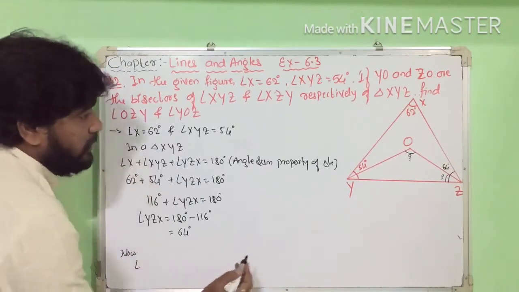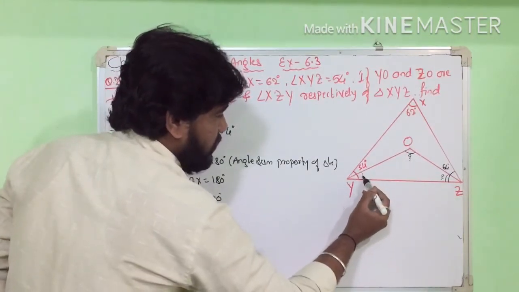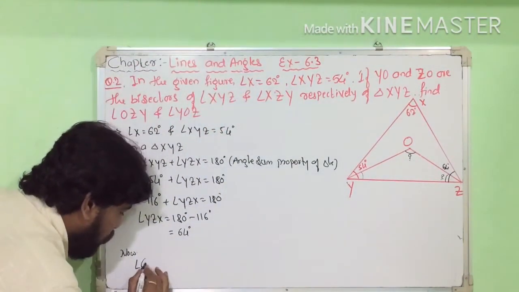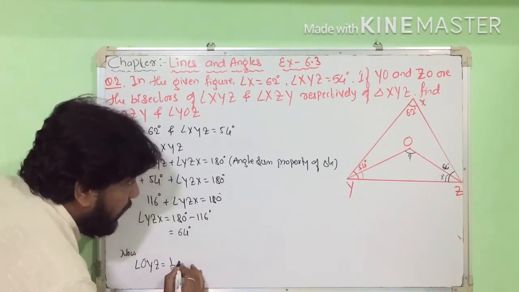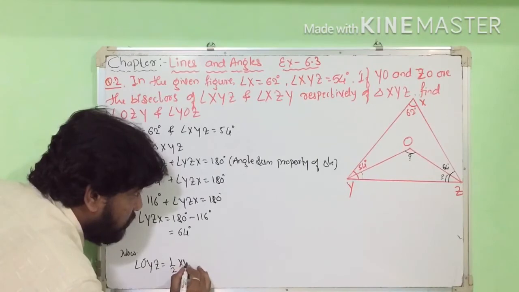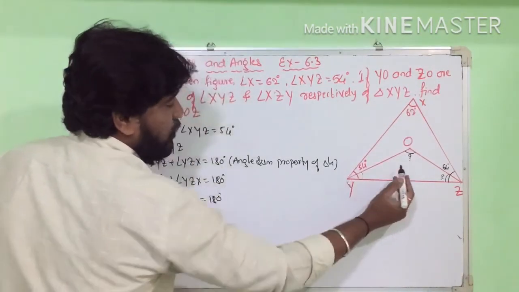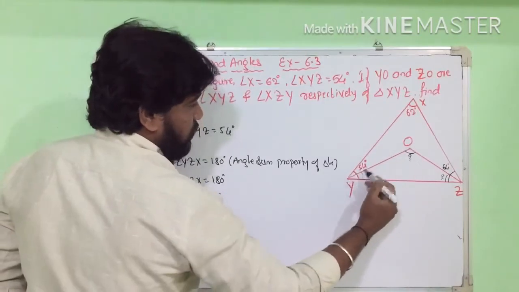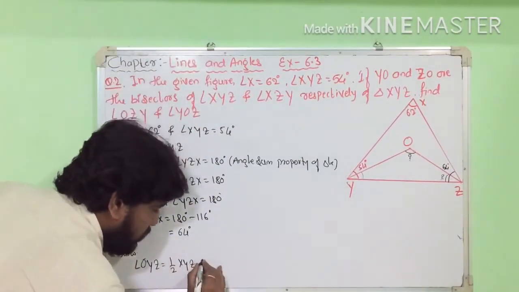Now see here, angle OYZ. OYZ means this angle. Angle OYZ is equal to half of the angle XYZ, because they said OY bisects the angle XYZ, right?